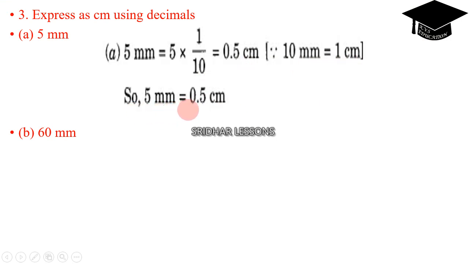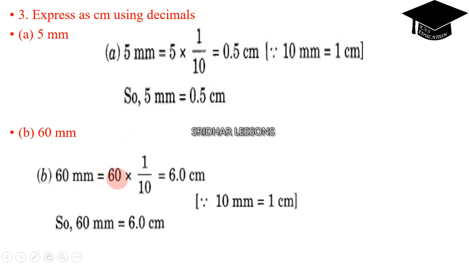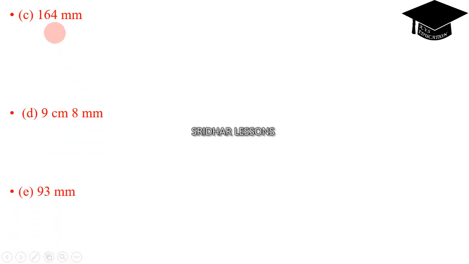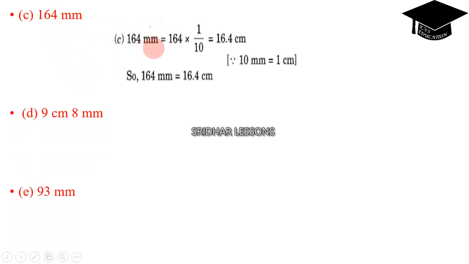Next one, 60 millimeters. 60 into 1 by 10 centimeters, that means 6.0 centimeters. 164 millimeters. 164 into 1 by 10 centimeters, that means 16.4 centimeters.